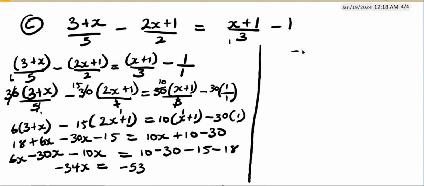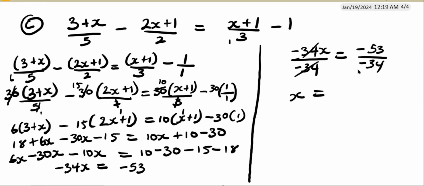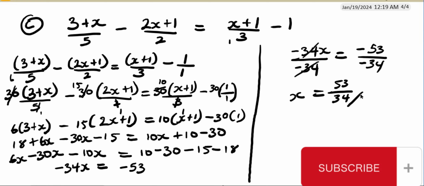So I have minus 34x over minus 34 equal to minus 53 over minus 34. So when 34 cancels out 34, I have x equal to, minus minus will give me plus, so I have 53 over 34. So you can actually divide and leave your answer in decimal, or you leave your answer in fraction.